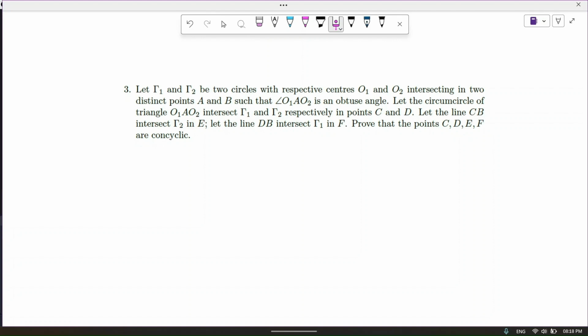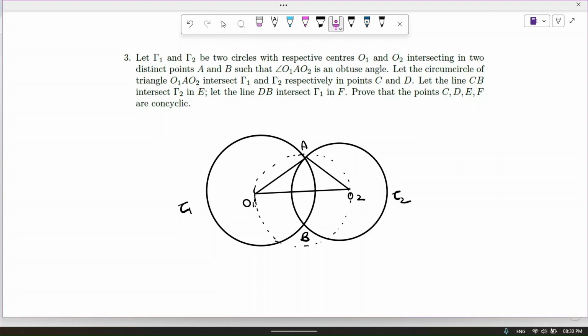So let's draw the diagram. This is tau1 circle, this is tau2 circle. It's intersecting at points A and B. O1 and O2 are the centers of tau1 and tau2. Now we are drawing a circumcircle of triangle AO1O2, which intersects tau1 at this point.